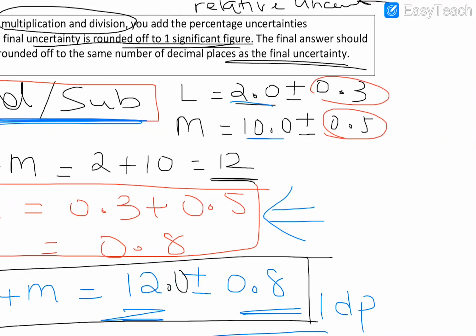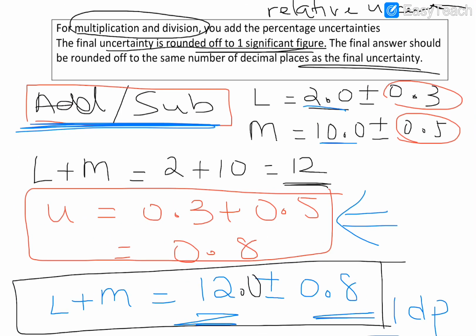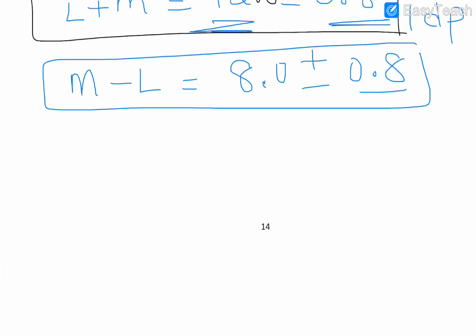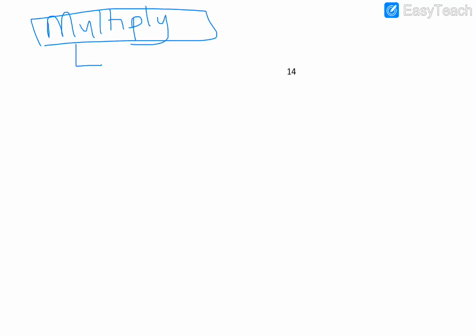Now, let's see how we do multiplication. We'll be using the same L and M values. So let's write it up again. So we're doing multiplication. The divide thing would be the same thing. Multiply. L again, 2.0 plus minus 0.3.